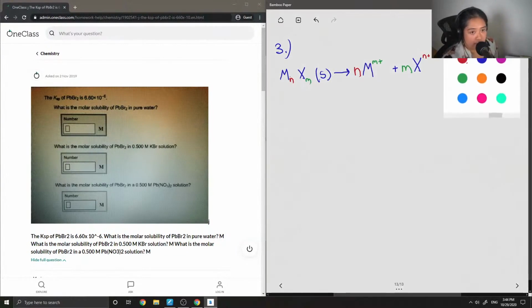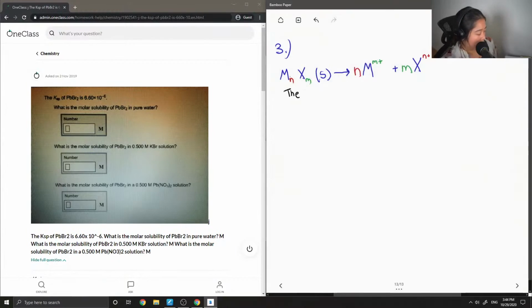And then I'll also write the relationship between solubility product and also molar solubility.